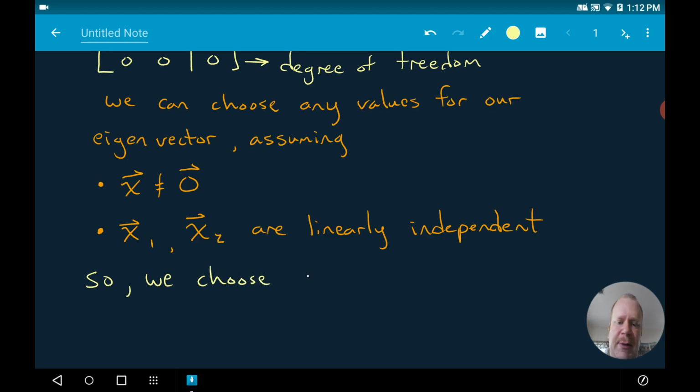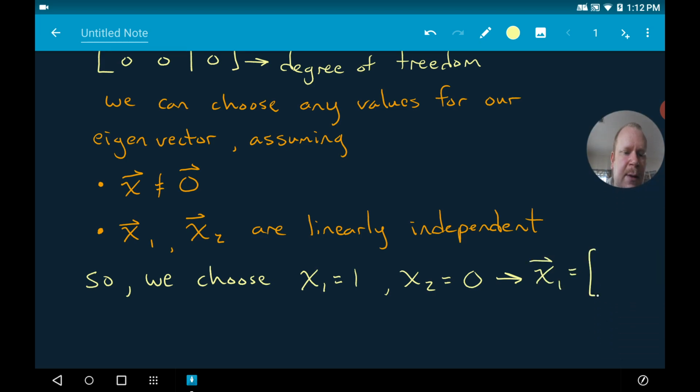I'm going to choose x1 equal to 1, x2 equal to 0, and that means that my first eigenvector is equal to 1, 0.